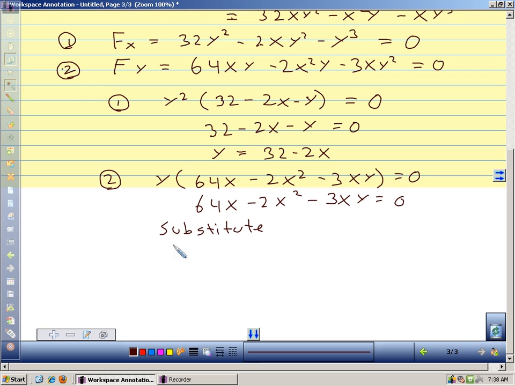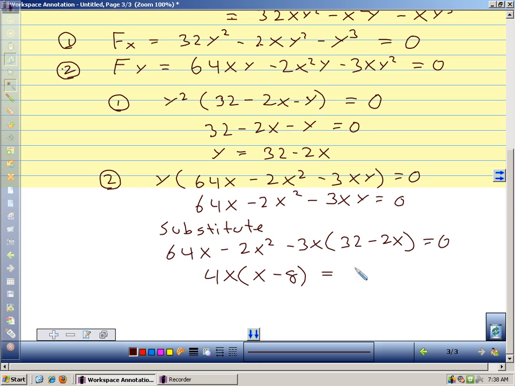So I get 64x minus 2x squared minus 3x times (32 minus 2x) equals 0. If I simplify this, I end up with 4x times (x minus 8) equals 0 after I simplify and factor.